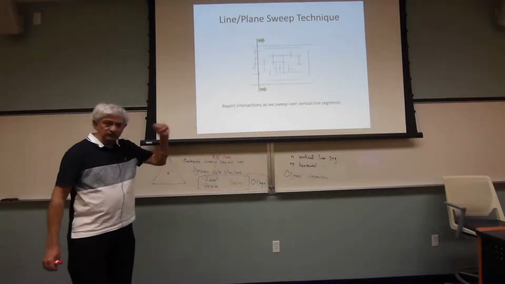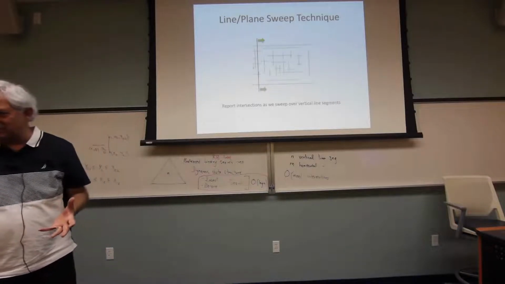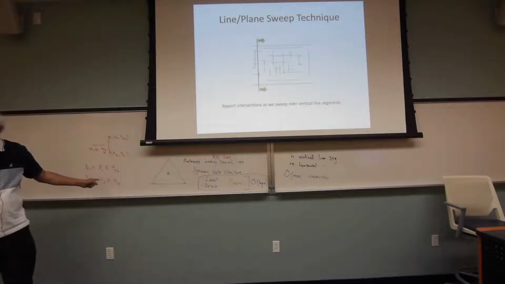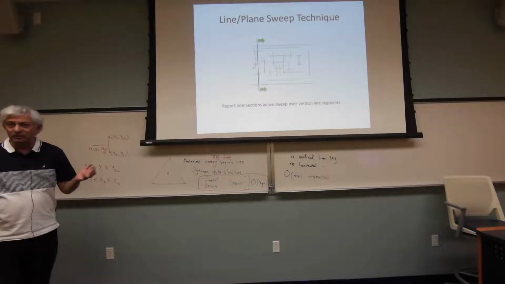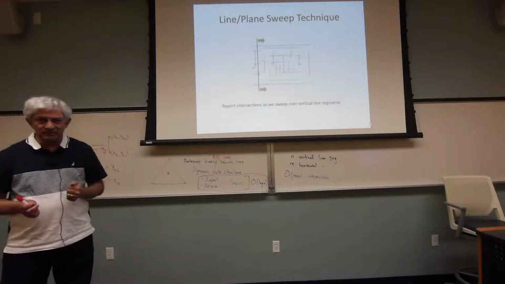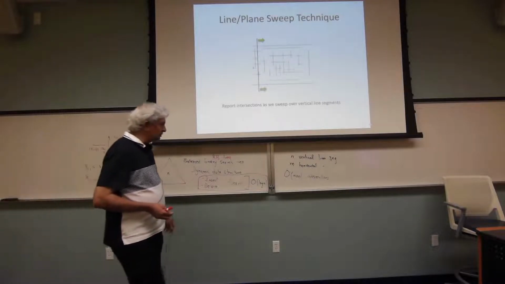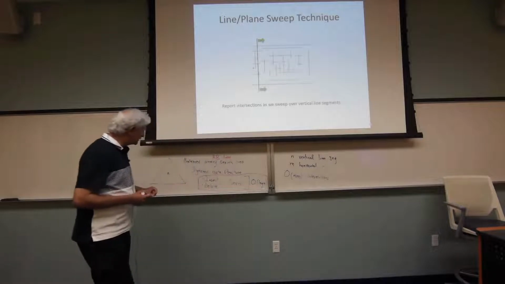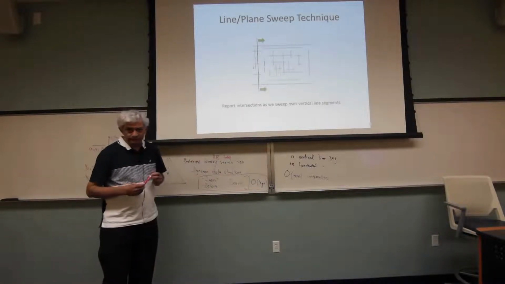If I have 1,000 horizontal line segments and 1,000 vertical line segments, I'm going to do 1,000,000 such computations, right? That's too expensive because it's possible that the number of intersections is only 5, right? So we have to do something that's a little more efficient, and so we are going to use this data structure.